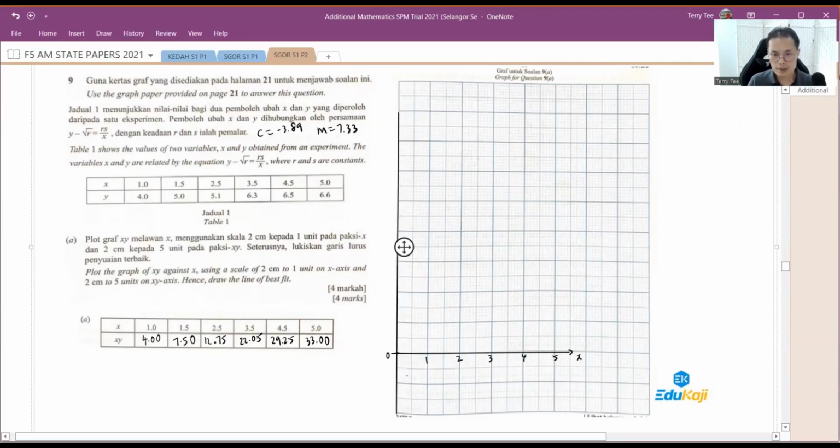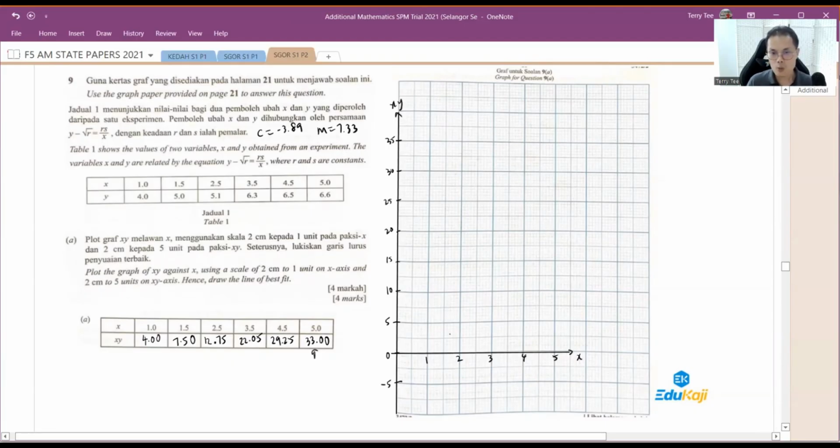On my y-axis the scale is 5, so I know up to here we do negative 5, because my y-intercept is around negative 3.89, negative 4. Then this is 5, 10, 15, 20, 25, 30, and we go up to 35, because the maximum is 33. So this is your xy versus x.